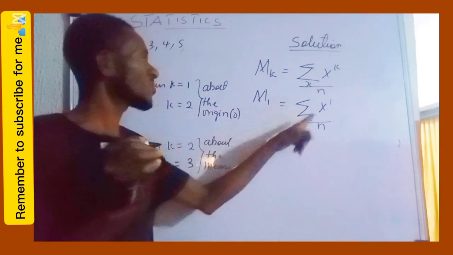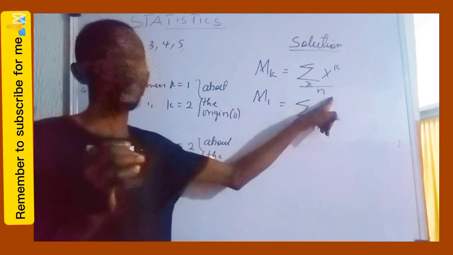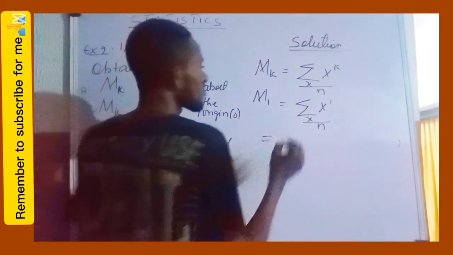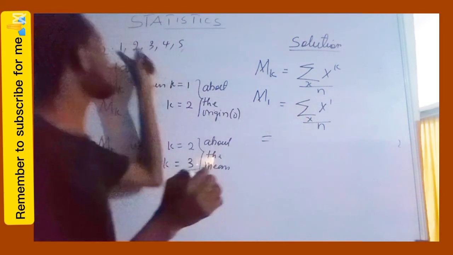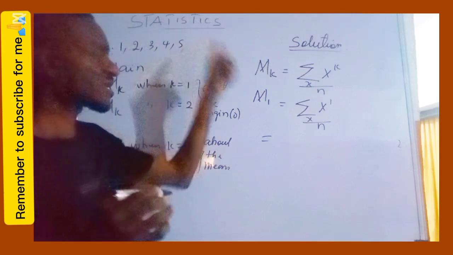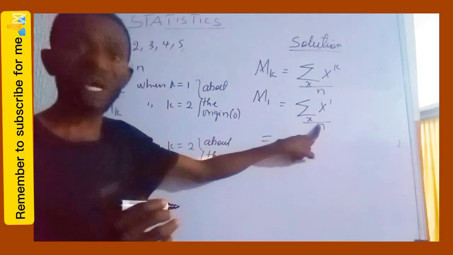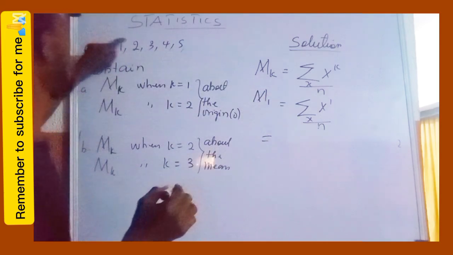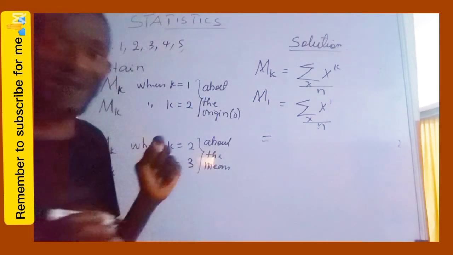You and I know that x raised to power 1 is the same thing as x. So this sum means I should sum all these values of x and divide by n, where n is the sample size. The number of data points I have here is 1, 2, 3, 4, 5. They are 5 in number.